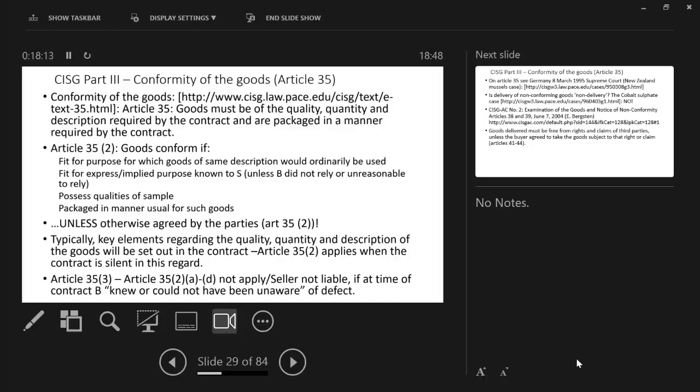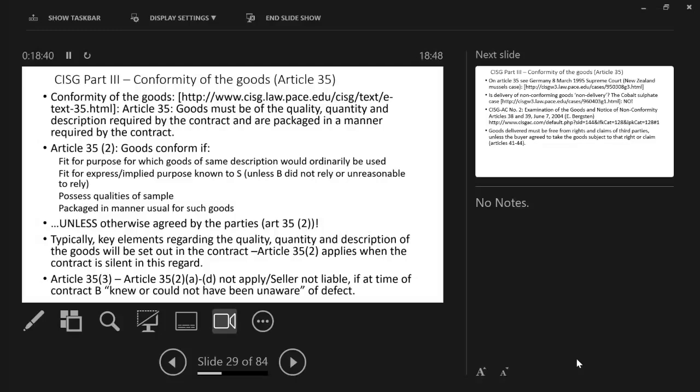Conformity of the goods. Goods must be of the quality, quantity, and description required by the contract and are packaged in a manner required by the contract. In other words, there's the expectation that the contract will set quantity, quality, and description, as well as delivery times and mechanisms.